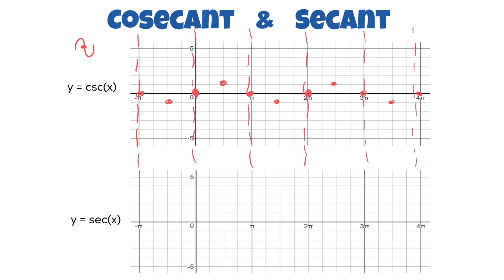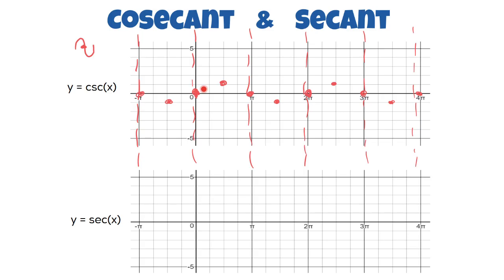What's different here, what's the shape going to actually do? Here's what I consider. The closer you are to the x-axis, that's going to have a small y value, meaning a small sine value. The smaller the sine value, the bigger the cosecant value, because they are reciprocals.